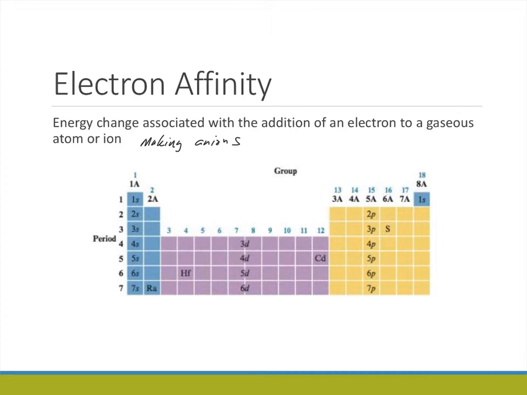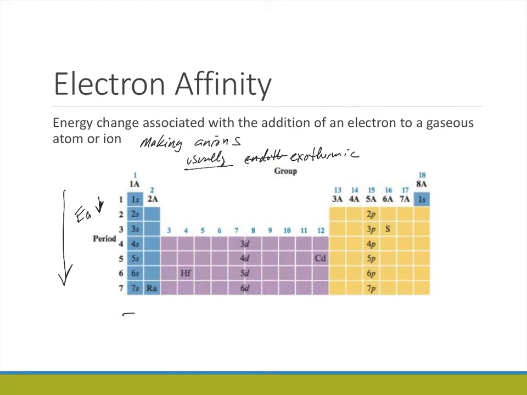Now, usually, this would be an exothermic process. Some are a little bit endothermic. However, the point is that as we go down a family, electron affinity, EA, is going to decrease.